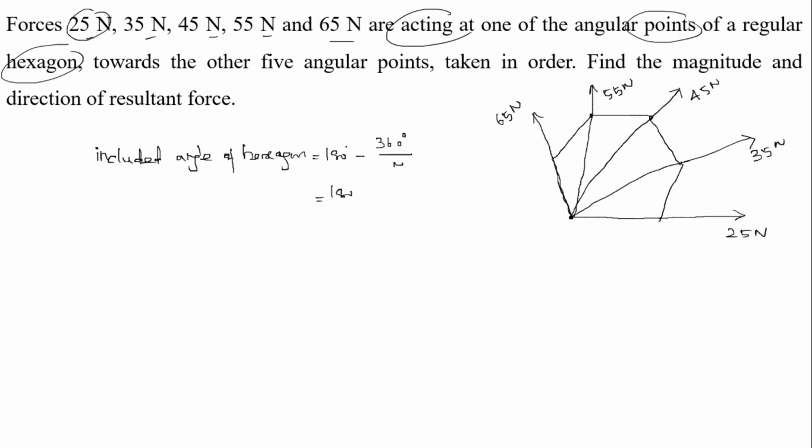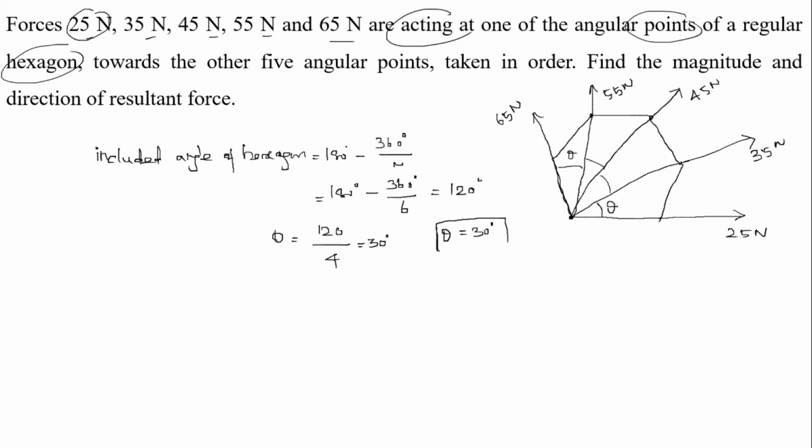There are 6 sides, which is equal to 120 degree for the included angle of the hexagon. Now we have to find theta, which is equal to 120 divided by 4, as there are 4 angles, which is equal to 30 degree. So, theta is equal to 30 degree, right.